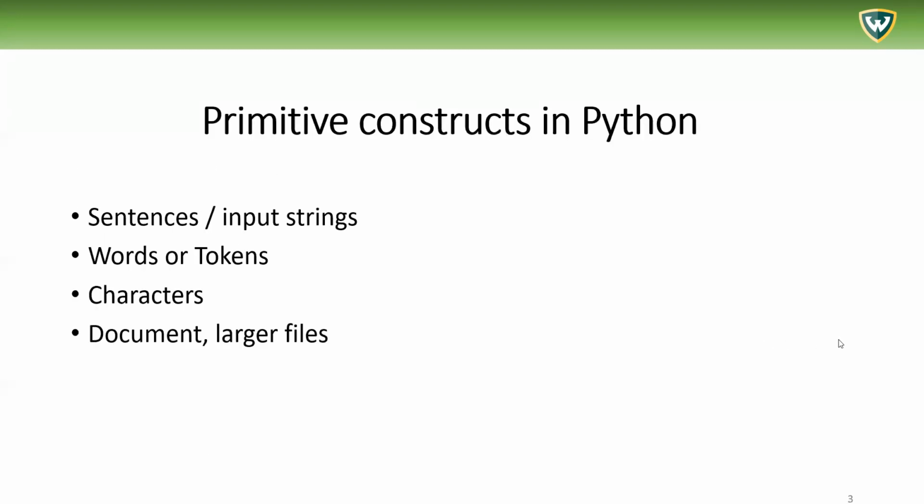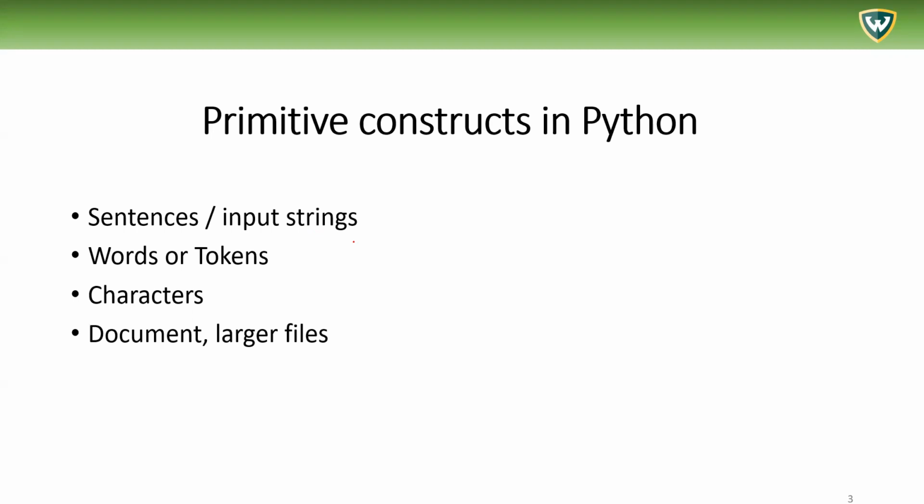Let's first note these primitive constructs in Python. And by primitive constructs, we mean these data types that are already in Python and do not need to be converted in any other format. And these are sentences or input strings, although we should know that sentence may be the same as a string.